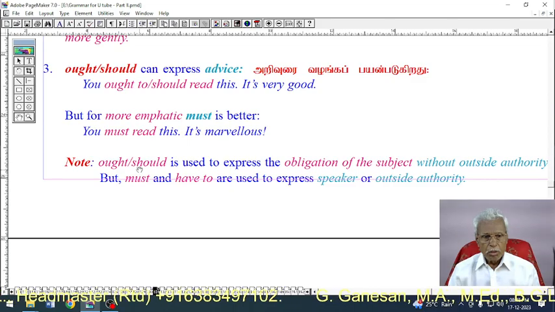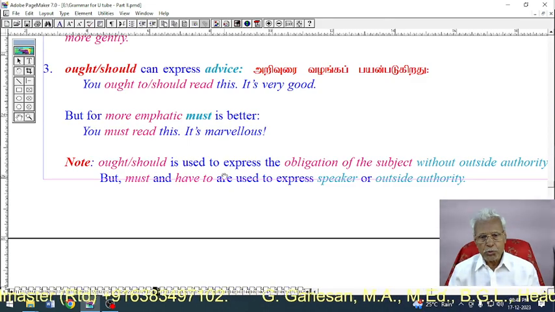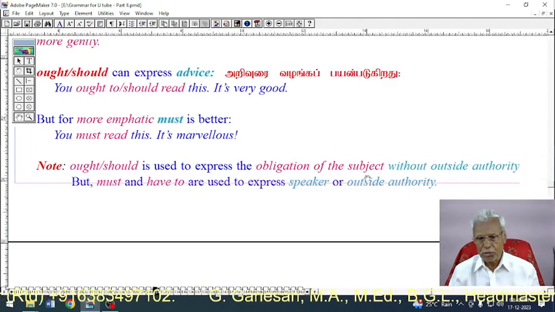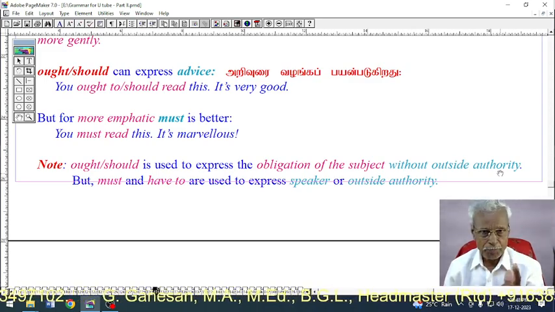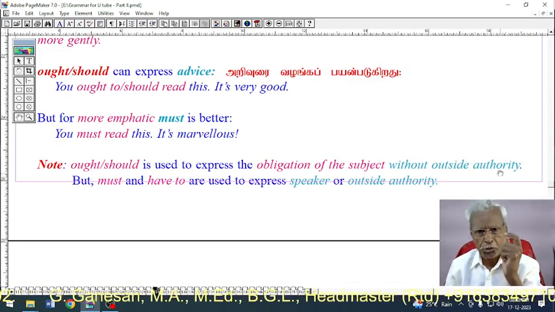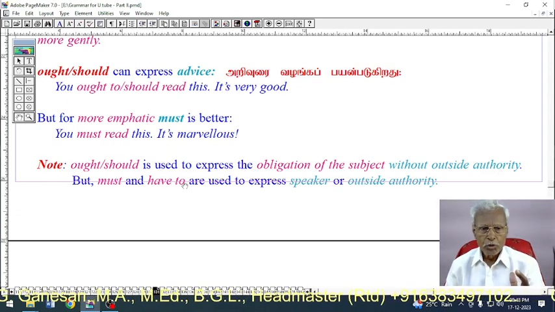Note: should is used to express the obligation of the subject without outside authority. Dear students, it is very, very important. You should memorize it.